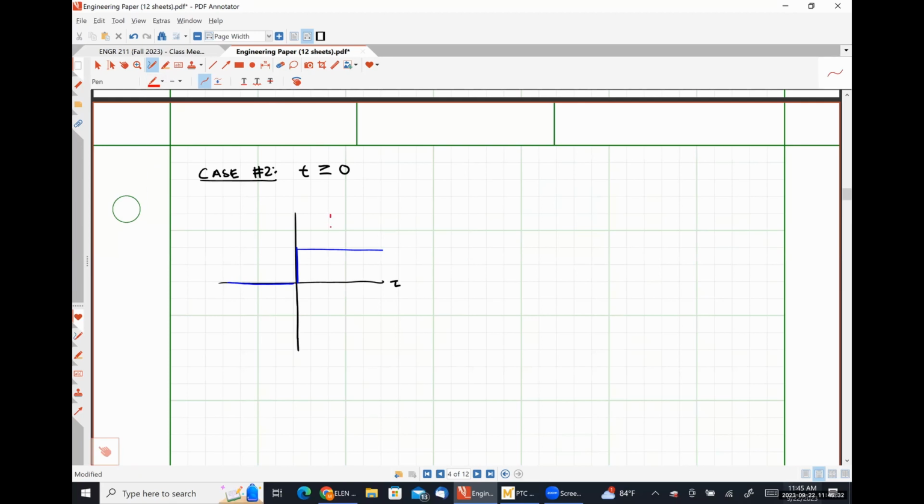Now, t is arbitrarily some positive value. So this is still going to look like 2e to the t minus tau.